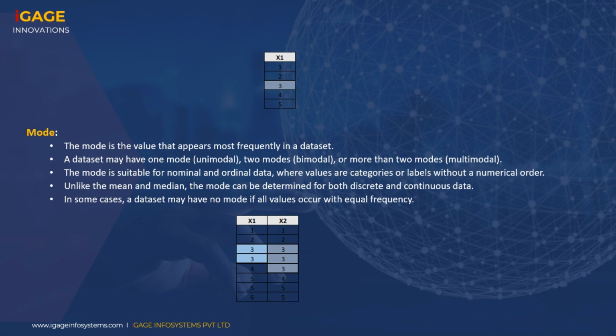Nominal value has a label but doesn't have any order, like gender, male and female; we cannot order it, right? In some cases, a data set may have no mode if all values occur with equal frequency. That's true. When the frequencies are the same, in that case, we don't have any mode value. So this is all about the central tendency.